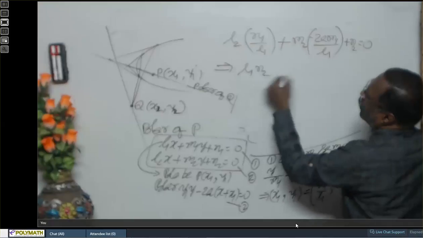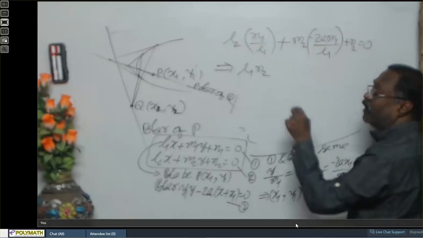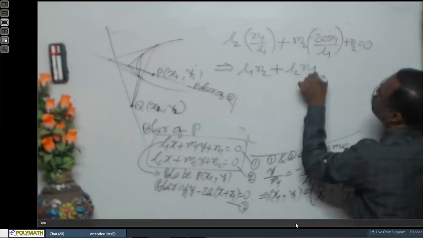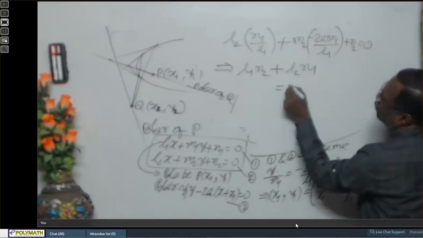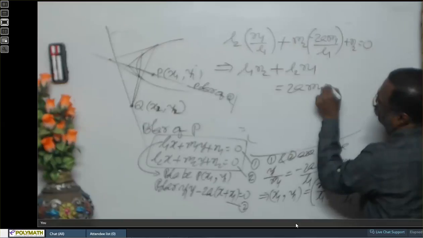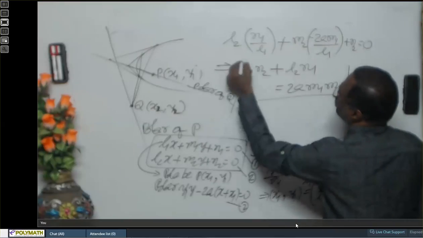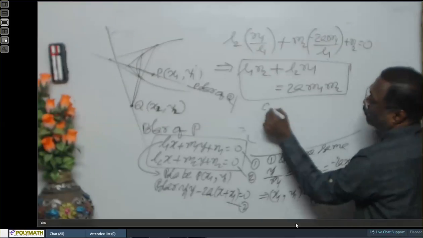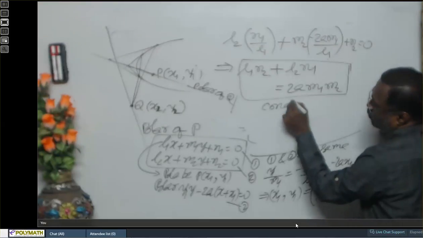After rearranging this, L1 N2 plus L2 N1 is equal to 2a M1 M2, which is the condition for conjugate lines.